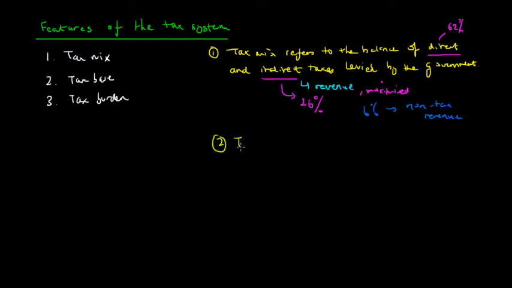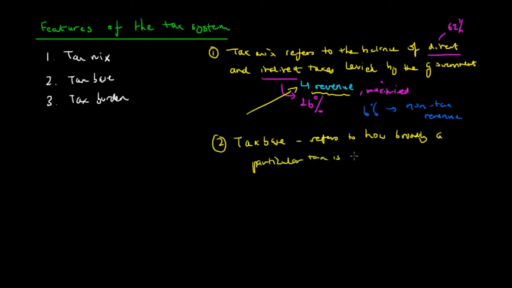Now we'll look at the tax base. This is another important concept when referring to revenue, because the government wants to tax as many people as they possibly can in order to increase their revenue. The tax base refers to how broadly a particular tax is applied.